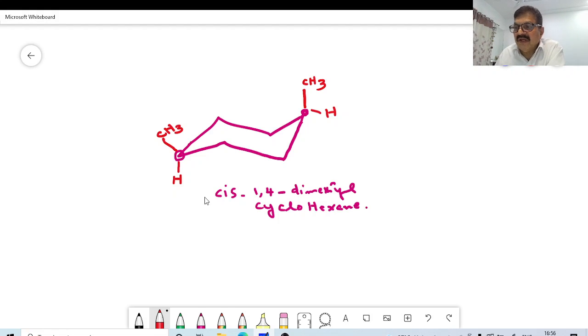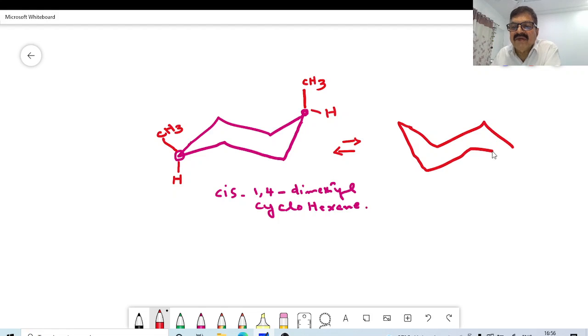Now when the ring is flipping, what will happen here? When the ring flips, the up bond will become down bond, and the down carbon will become up. That we have already discussed, so I don't want to repeat. Now this equatorial methyl group will become axial. In the flipped condition, this will become axial and this will become equatorial.